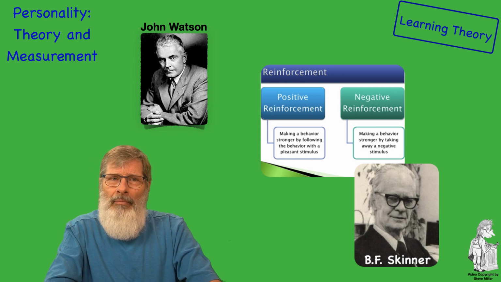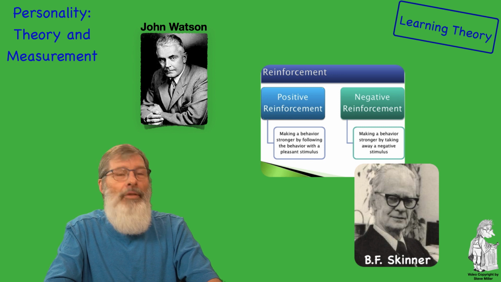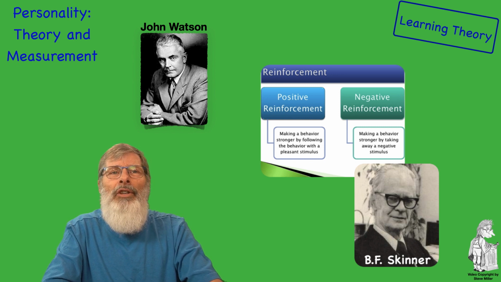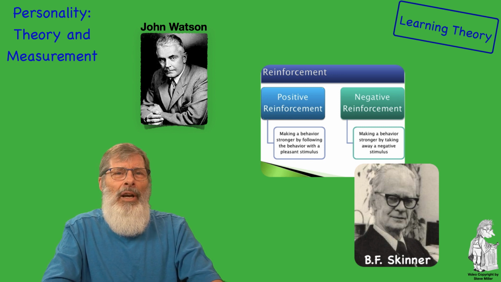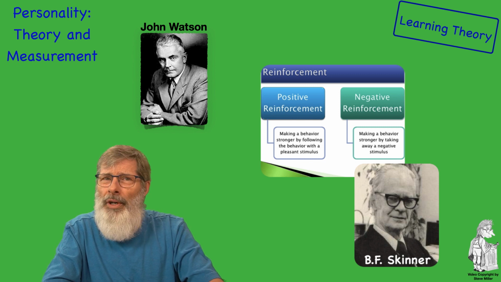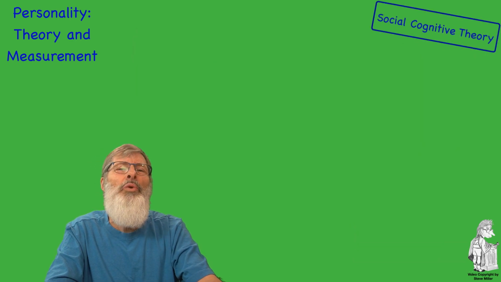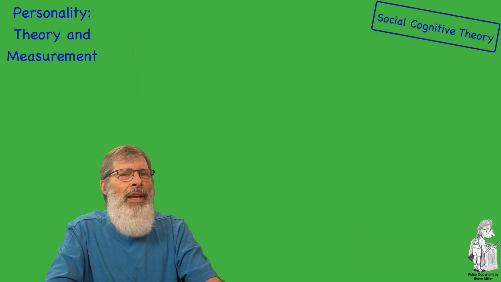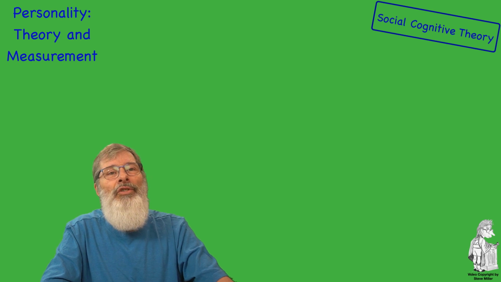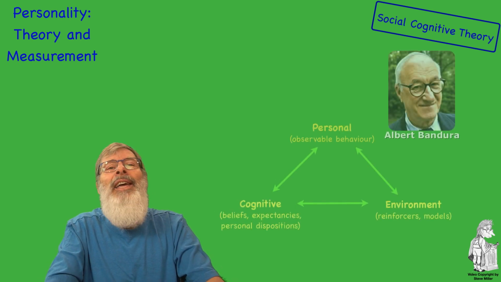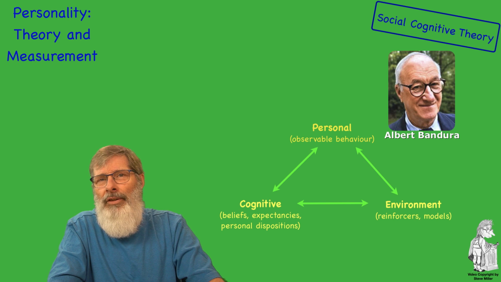Now, some theorists object to the behaviorist notion because, they argue, it downplays the importance of consciousness and choice. The next group we'll look at is related, but it's the social cognitive theory. It states that personality is the result of both the environment and personal cognitive factors.